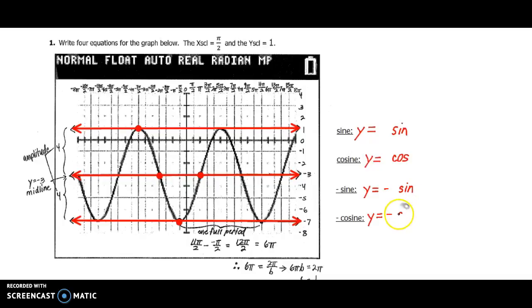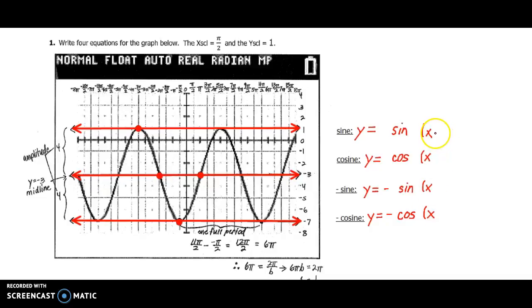And then negative cosine, same thing. I've got a negative out front, I'll fill in my a in a little bit, but then I have a cosine. After sine, I'm going to fill in my b value, which will go in front of the parentheses, because remember b always has to be factored out, so that x is by itself.